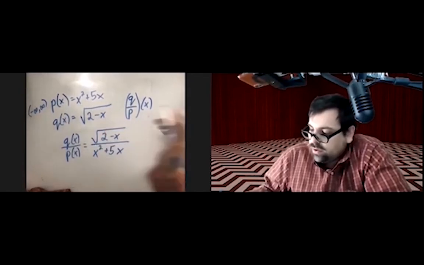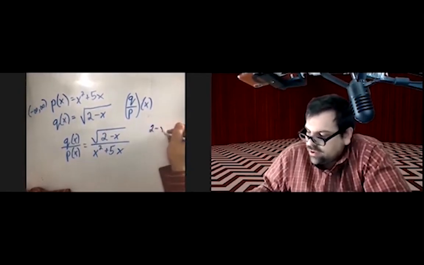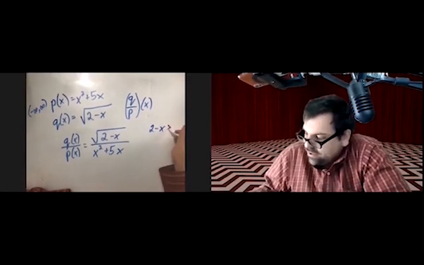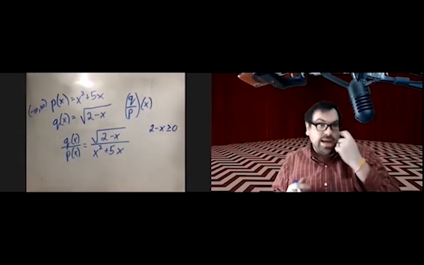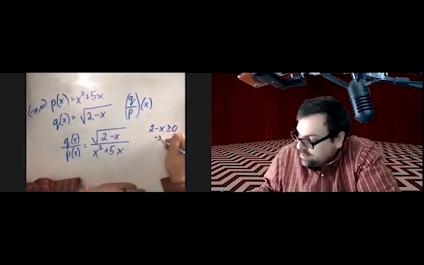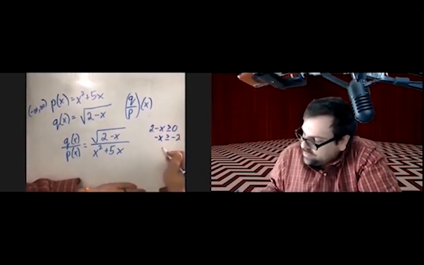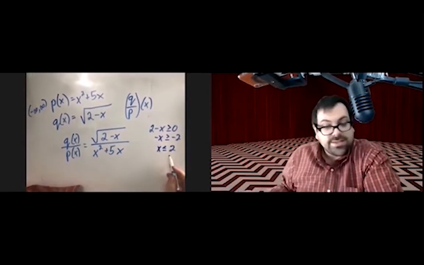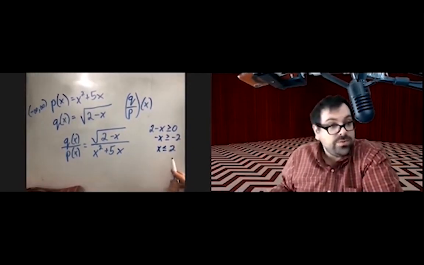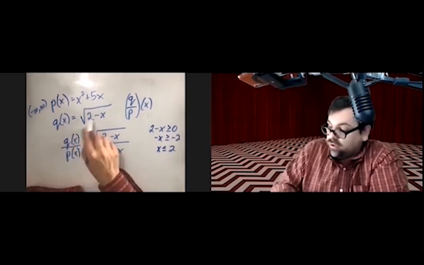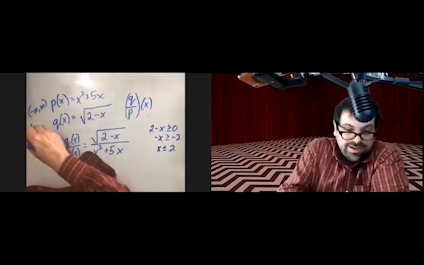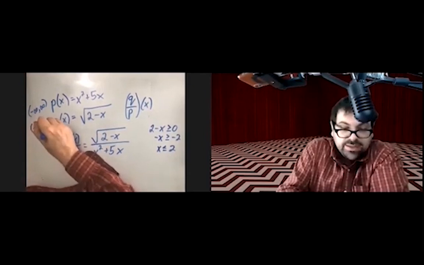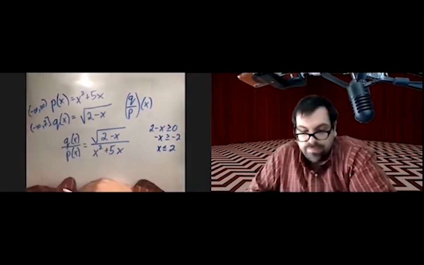For q, things under a radical have to be greater than or equal to 0. They can't be negative. So negative x would be greater than or equal to negative 2. Multiply or divide both sides by negative 1, either way, that flips the inequality. X less than or equal to 2. So the domain for q is negative infinity to positive 2.